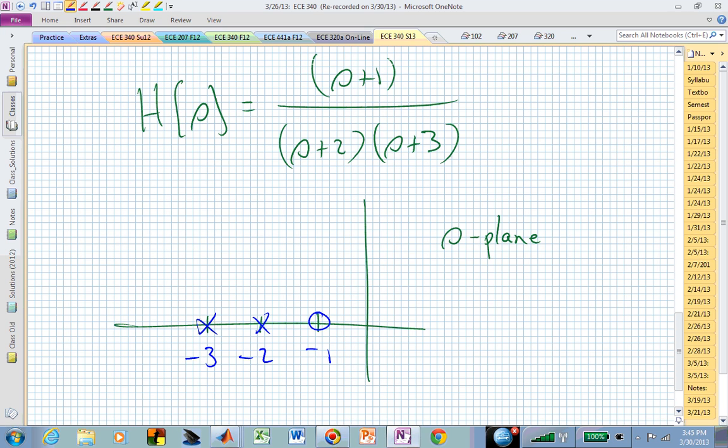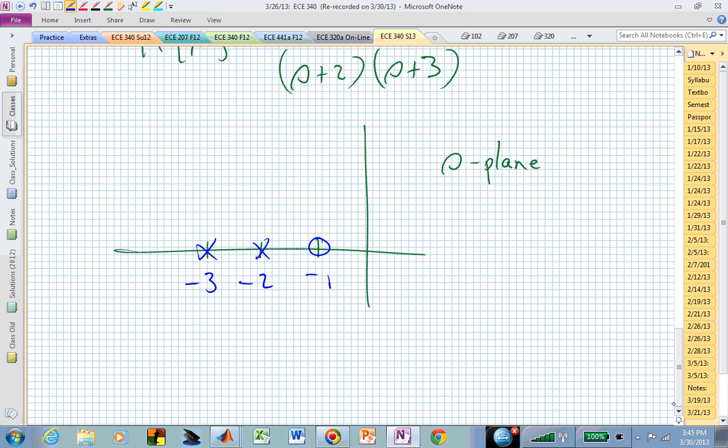Now, one way to start to think about what's happening with that particular transfer function, capital H of S, is to ask the question, what would happen if we excited that system or we drove that system with a sinusoidal waveform?